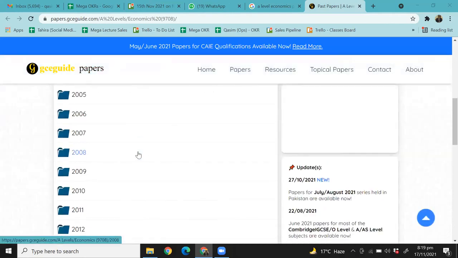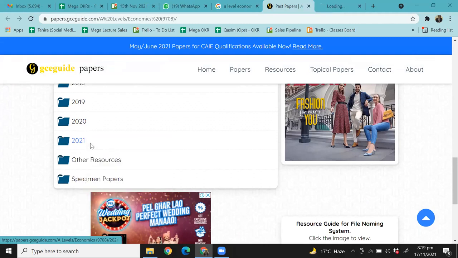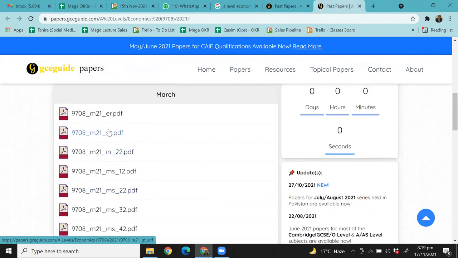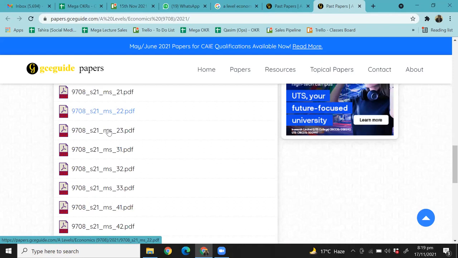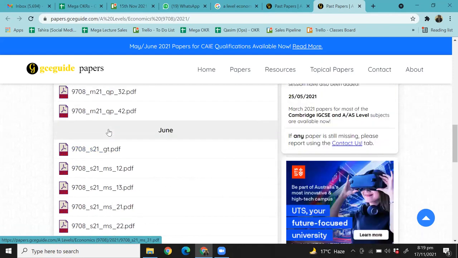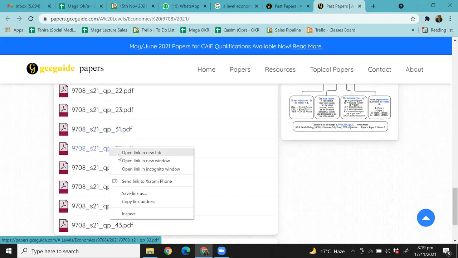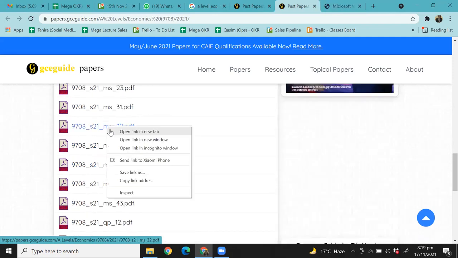Let me check. 2-1 we haven't done. I think we did the October November one, not sure. So this is May June 3-2. These are all the marking schemes. Where's the question paper? Question paper 3-2, and marking scheme for 3-2.